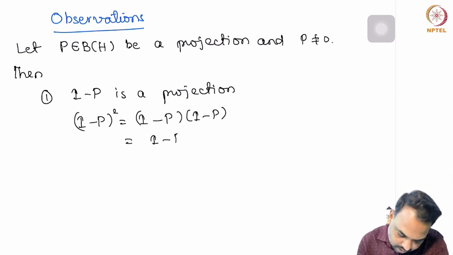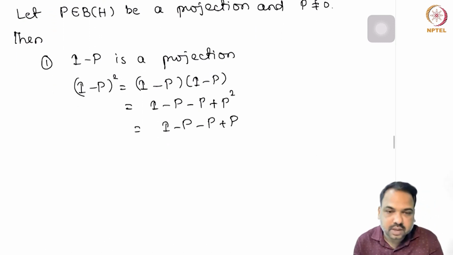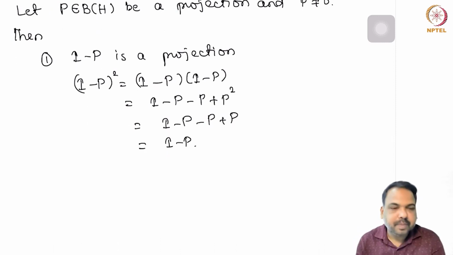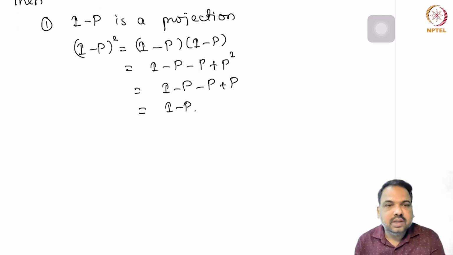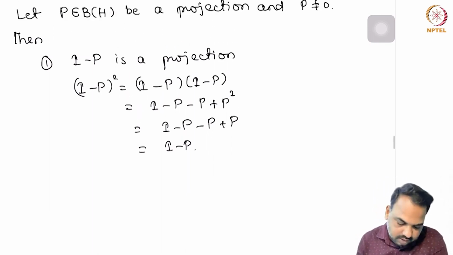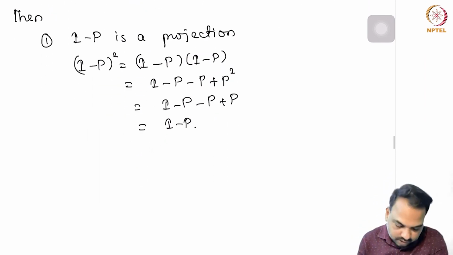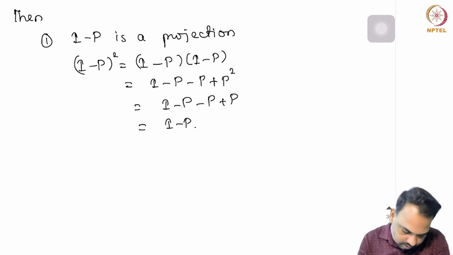This is I minus P minus P plus P square. This is I minus P minus P plus P, because P square equals P. So we can say that this is I minus P. If P is a projection, I minus P is also a projection. The other way is also true. If I minus P is a projection, then I minus (I minus P) is a projection. That means P is a projection. So we can conclude that P is a projection if and only if I minus P is a projection. So this is the conclusion.